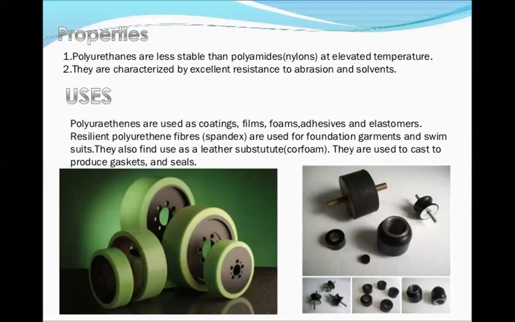Polyurethanes are used in the purification of water and sewage for adsorption of coloring matter and heavy metals. And they are also used in the leather substitute. They are used to produce the gaskets and seals. So these are the properties of the polyurethane.